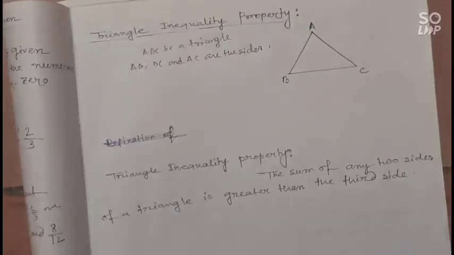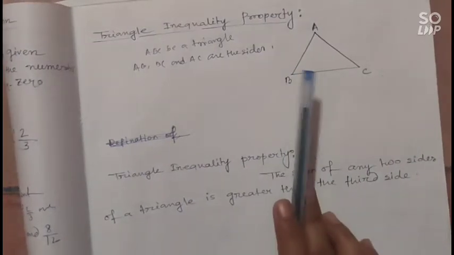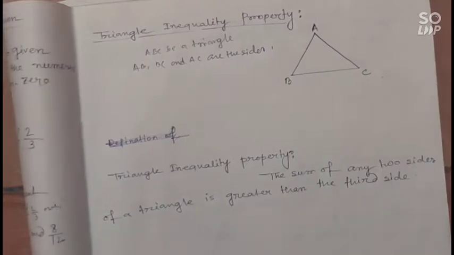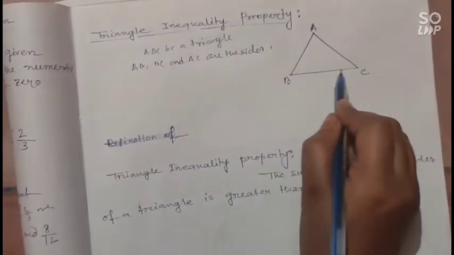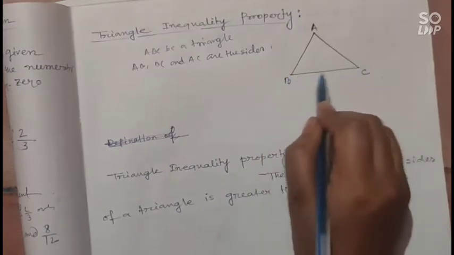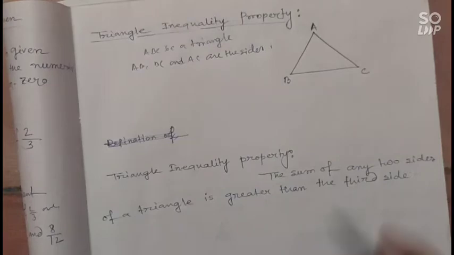So how can you denote the sides of this triangle? First of all, we need to learn the opposite vertex of each side. The opposite vertex of BC, can you tell me what it is? What are the vertices of the triangle?